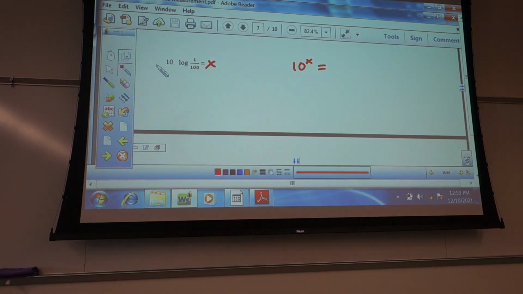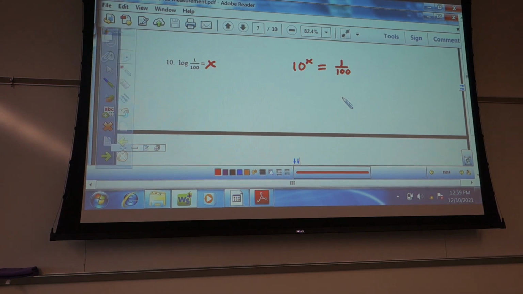My answer is 1 over 100. So 10 to the what power is 1 over 100? If you're not sure, try a couple. It should be negative, right? So 10 to the what power is 100? 2. So 10 to the negative 2 would be 1 over 100. Does that make sense for folks? So x equals negative 2.